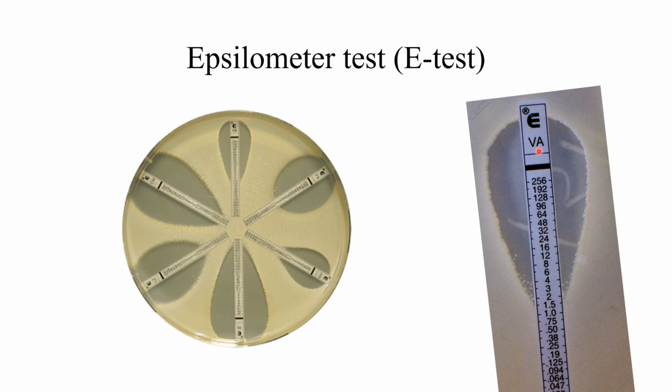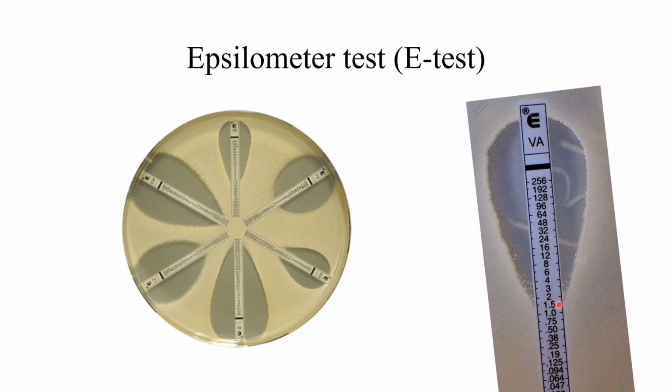This is a plastic strip having different concentrations of antibiotics. You can see 1, 1.5, 2, 3, 4, 6, 12, 24, 64. Like that, the concentration gradient is increasing.